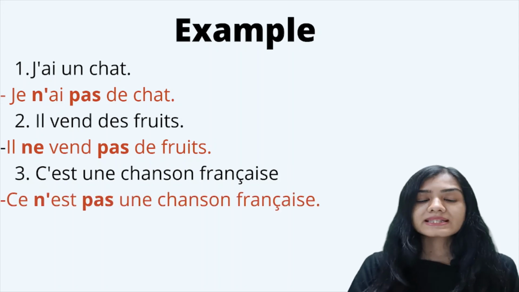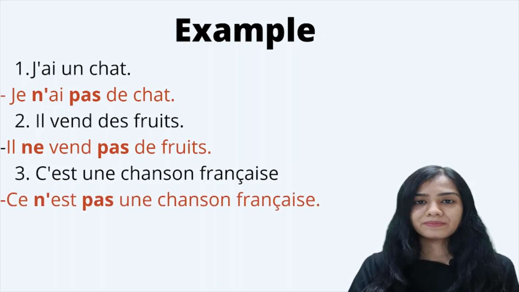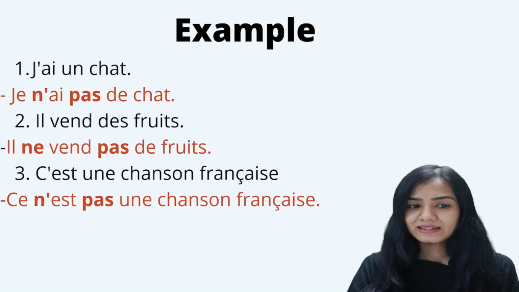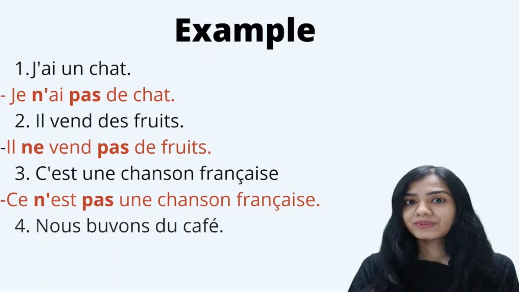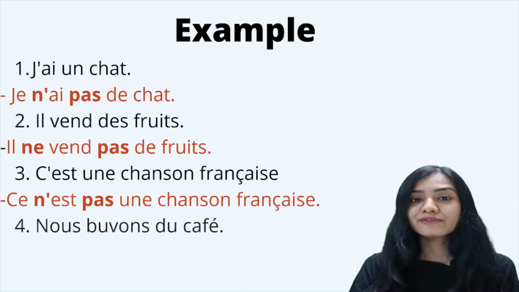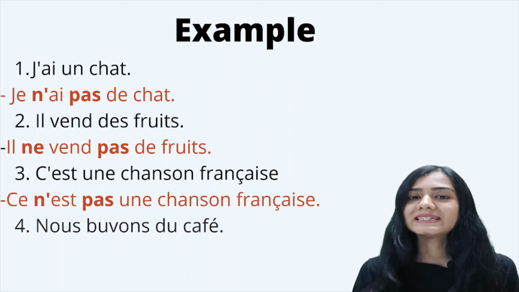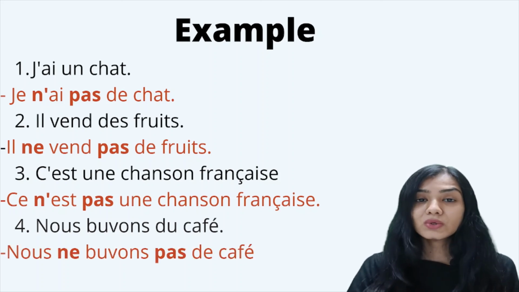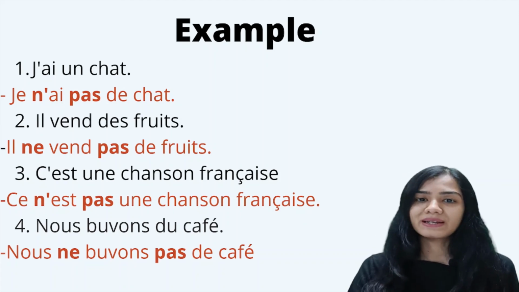It will be ce n'est pas une chanson française. Then in the next sentence, nous buvons du café. Again, over here we have du. So du will be converted to de. Nous ne buvons pas de café.